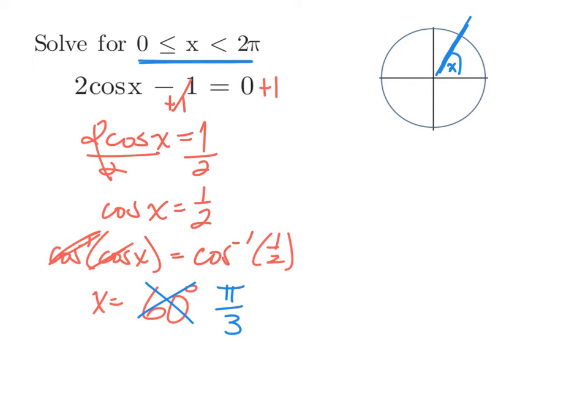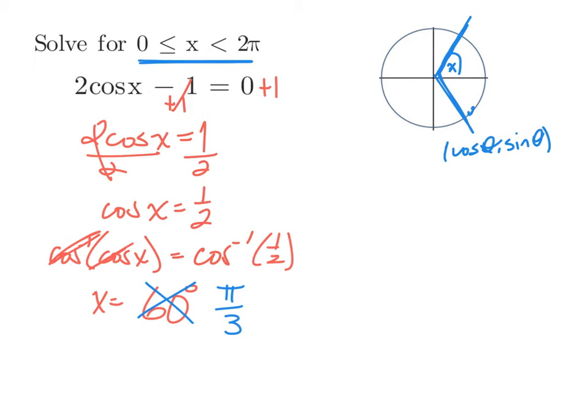But that's not the only spot on the unit circle that does that. Remember that every ordered pair, every point on the unit circle, x, y is cosine theta, sine theta. So we need to find the other quadrant for which cosine would be positive. Right? Since cosine is the x-coordinate, that would be over here.